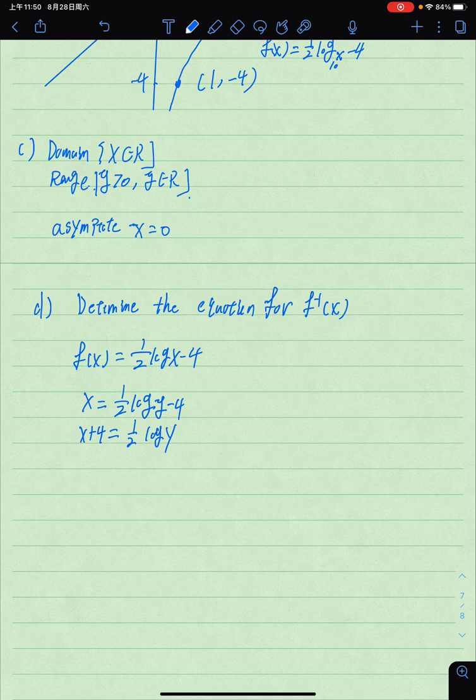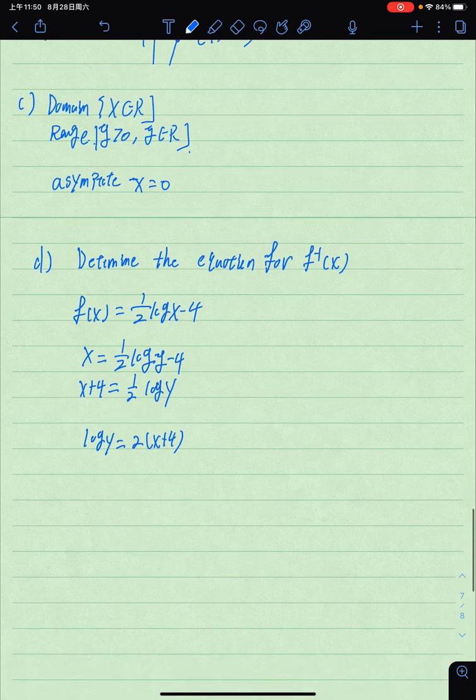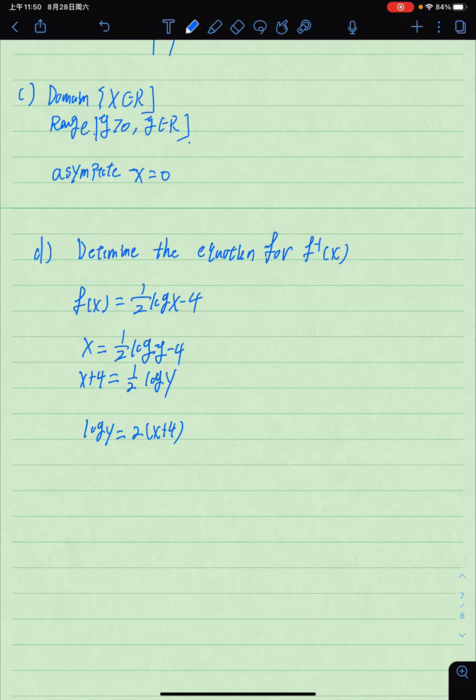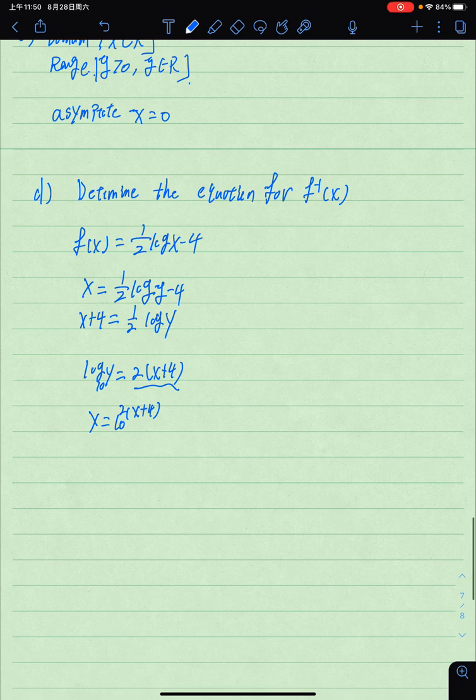The log has base 10, so the final answer is y equals 10 to the power of 2 times x plus 4. So that's the final equation.